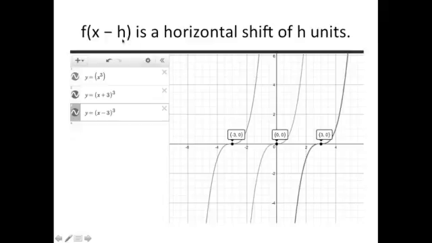Now we're looking at the horizontal shift. Again, we're looking at the number inside of the parentheses to determine, is it going to be the same? Is it going to be the opposite?